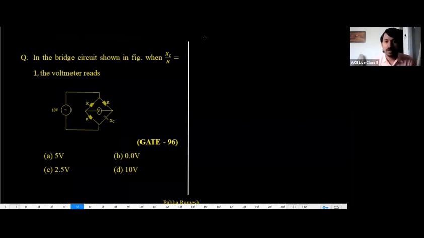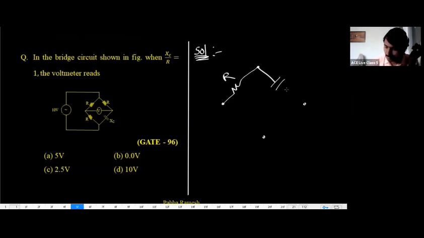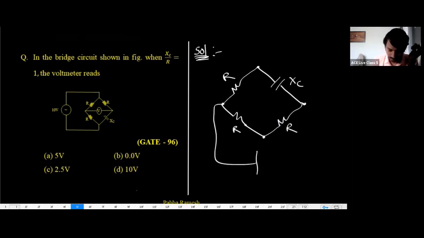Right. Concentrate here. What small change is here? This is the resistance R, capacitance XC, resistance R, here 10 volt, right?